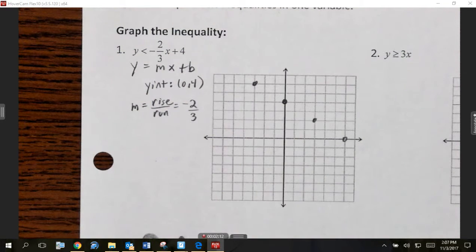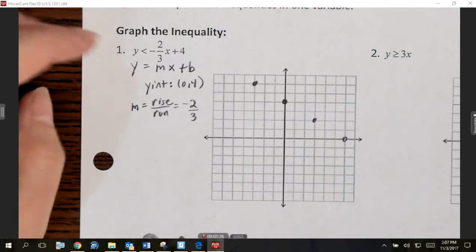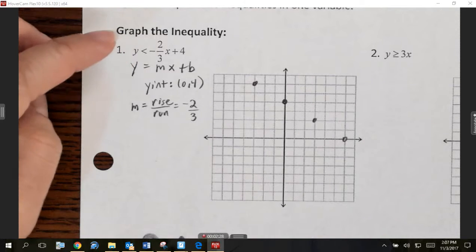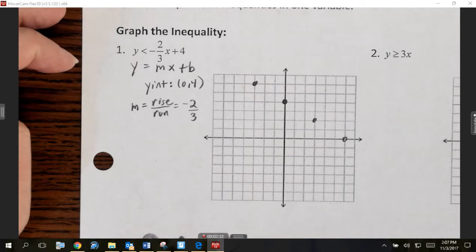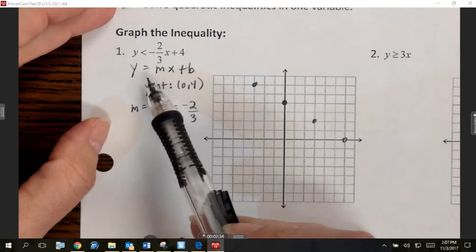Before you use that to connect it, these are not equals. So there's something extra you have to think about. You did this in Algebra 1, I know you did. What you have to think about when you go to connect these is if this is going to be a dashed or a solid line. So this is not equal.